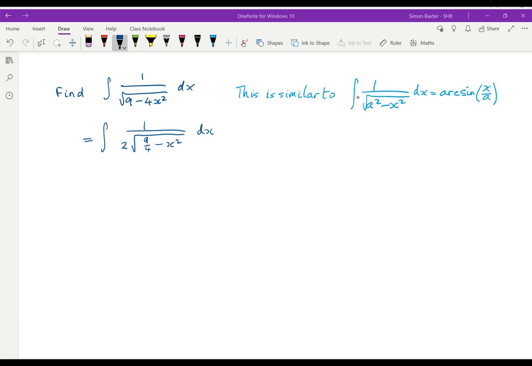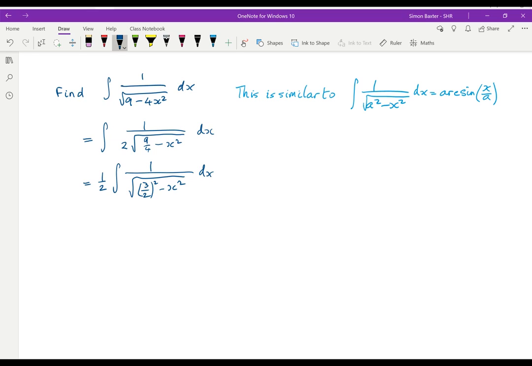Well, that's nearly written in the right form. We need to have a squared. We should be able to see what a is, but let's just emphasize it. Let's take the 2 out, a half, integral, 1 divided by the square root of 9 over 4 is 3 over 2 squared minus x squared.